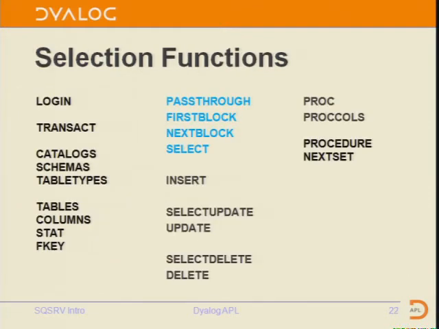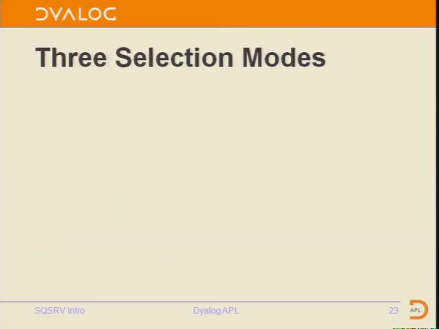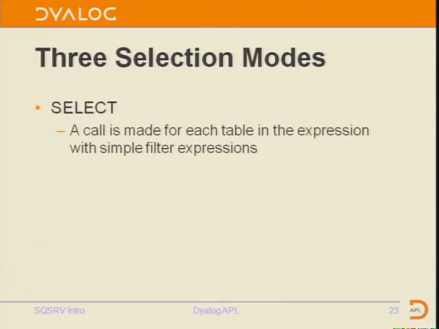The selection functions, this is important that we get through this. This is probably the most interesting part of understanding how the open access infrastructure makes it easy to implement this, because it provides three modes. You have the option of handling selects in three modes. You can either say, I don't understand any of this SQL stuff.